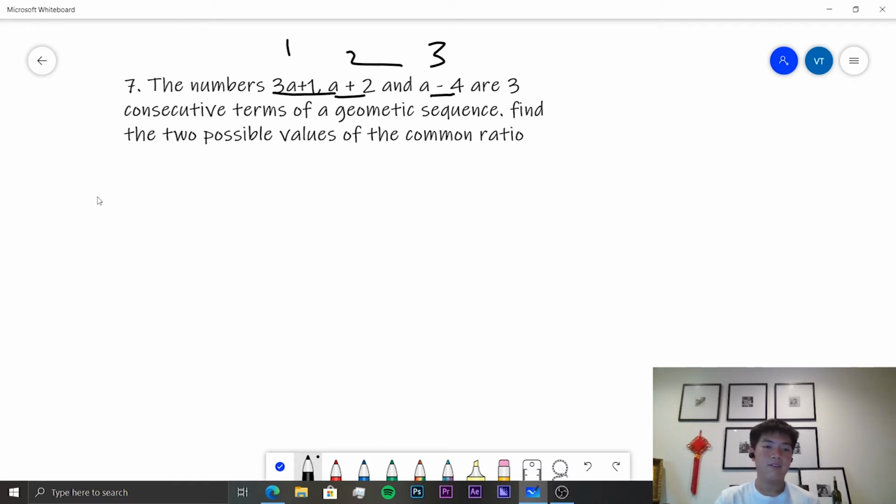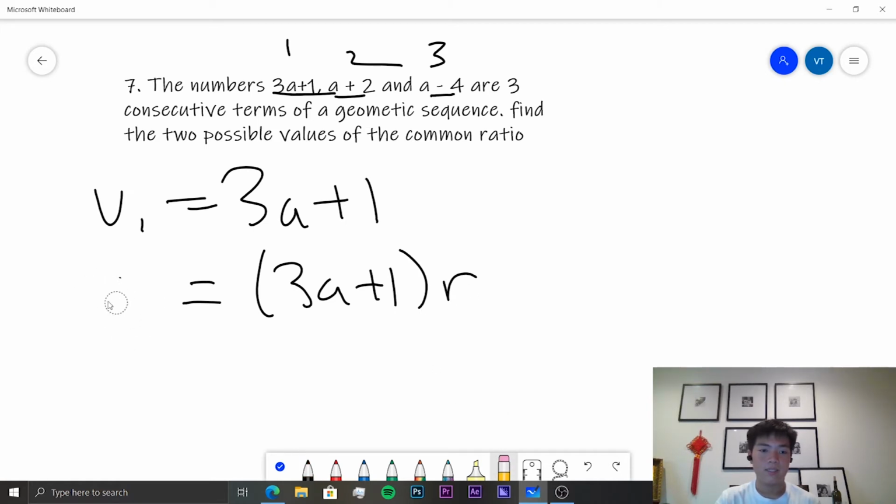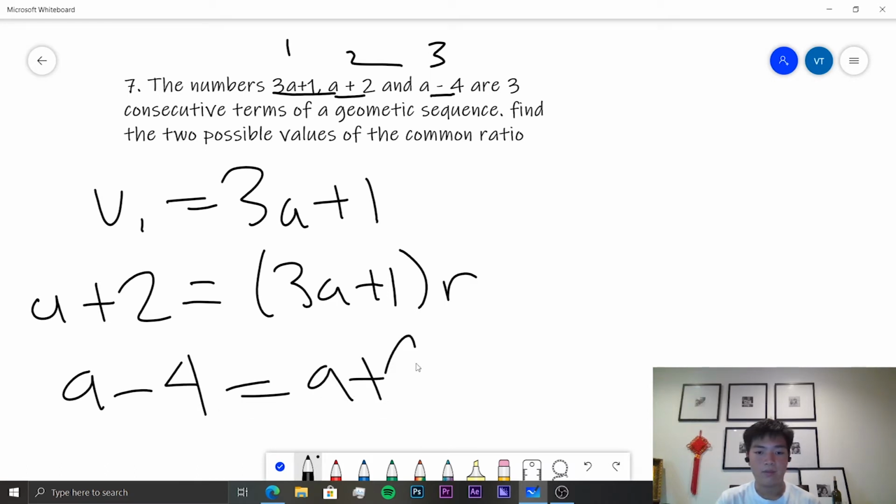So the first term is equal to 3a plus 1. The second term is equal to the first term, 3a plus 1, times the common ratio. So we can just say a plus 2 is equal to 3a plus 1 times r. And similarly, a minus 4 is equal to a plus 2 times r.